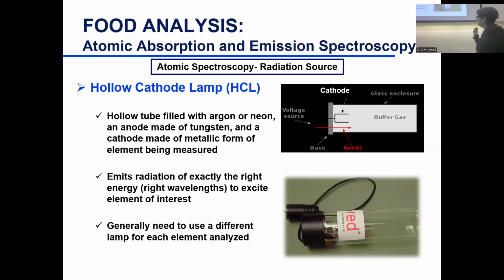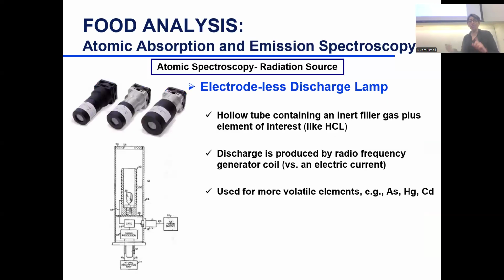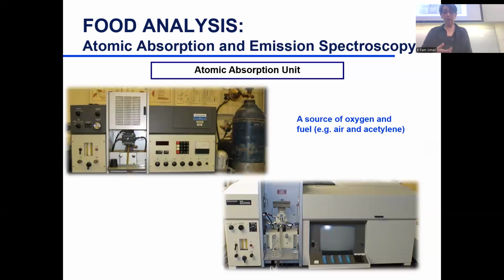So that's the common lamp that is used in atomic absorption. There is another form of lamp which is less commonly used. It's an electrodeless discharge lamp, used for volatile elements, but I'm not going to go much into that one.